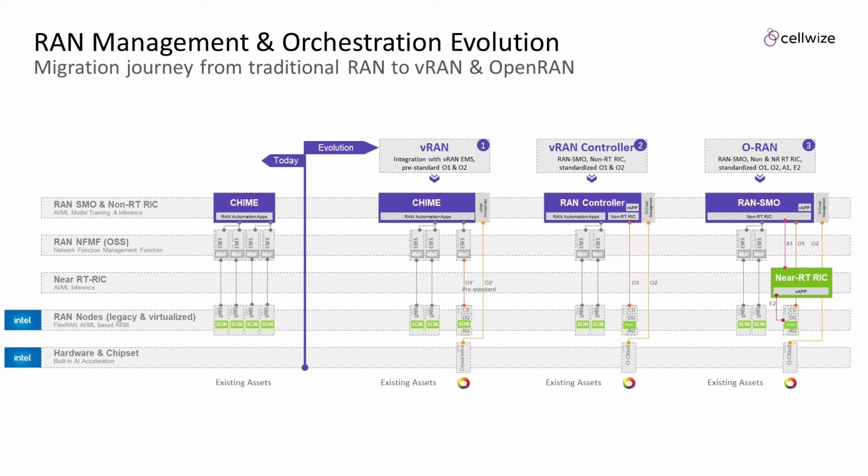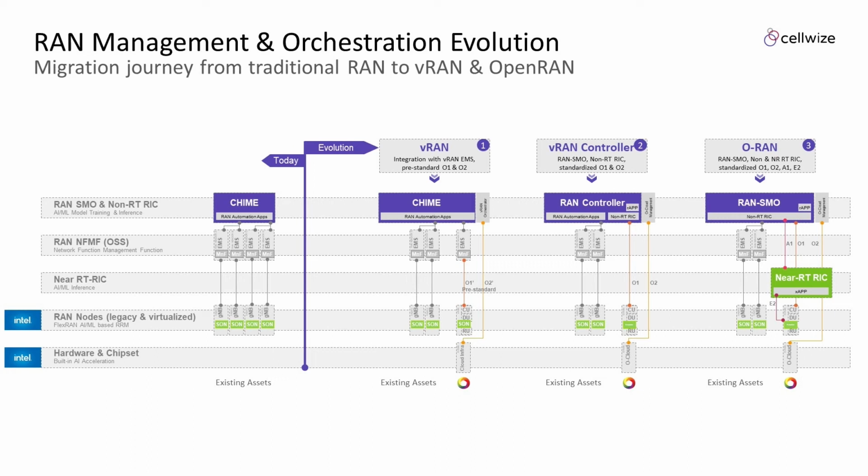The different layers that are evolving here are introducing the different components of AI techniques, technologies, and capabilities that will enable this, from the hardware chipset layer with built-in accelerators from Intel, moving upwards in the stack with FlexRAN, AI, ML based radio resource management to enable this vRAN journey.